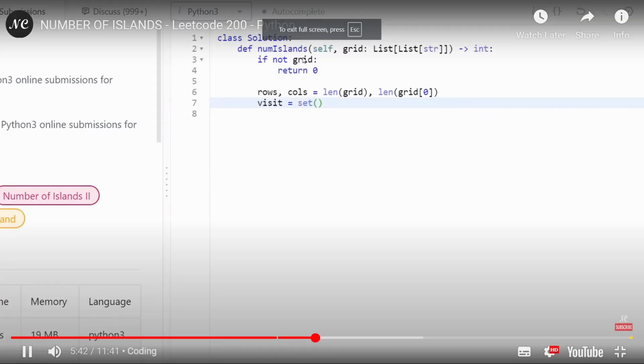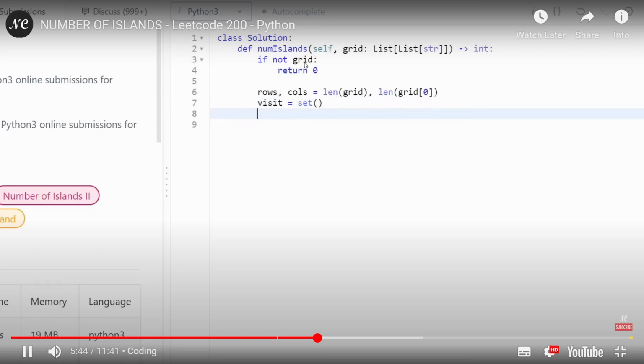We could also use a 2D grid if we wanted to, but I think sets are a little easier. We also want to count the number of islands. We can initialize that as 0.